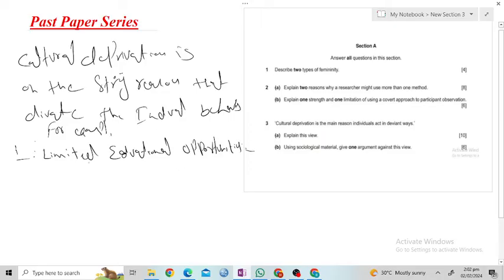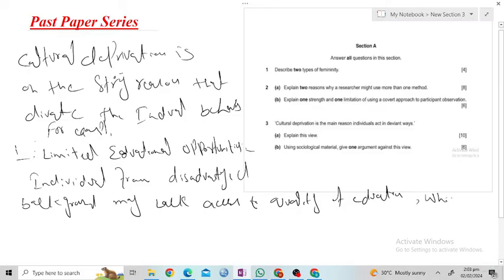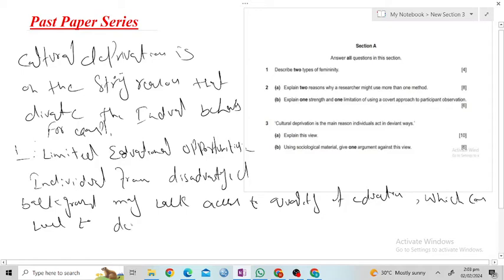So how would you write it up? Individuals from disadvantaged backgrounds may lack access to quality education, which can lead to deviant behavior.